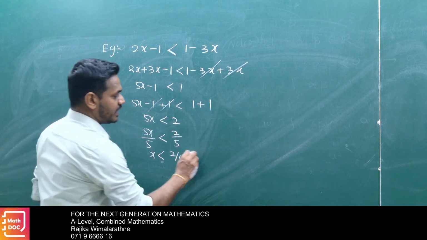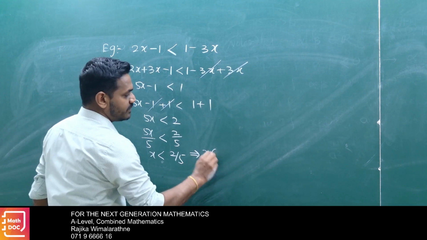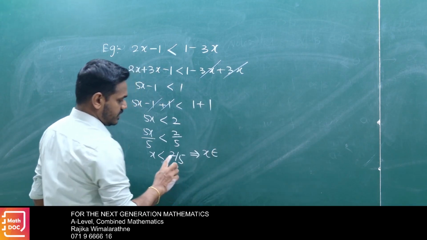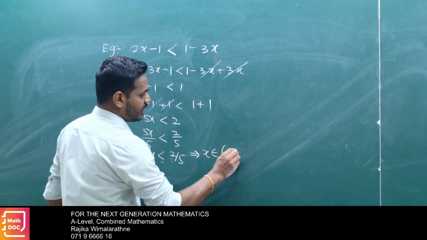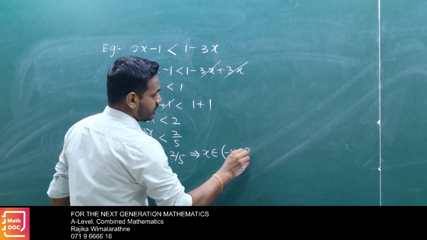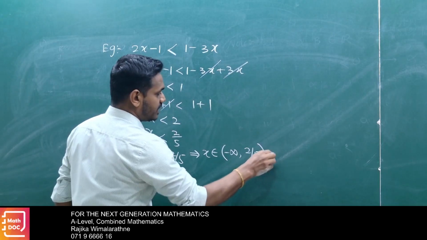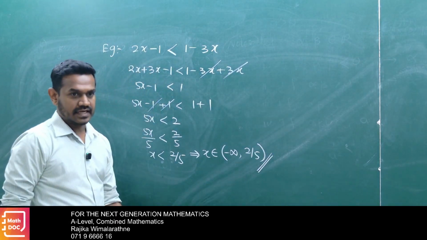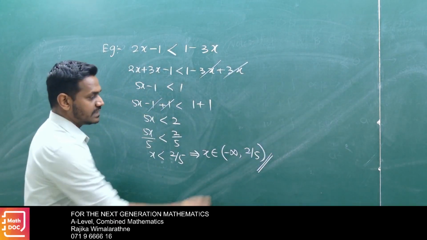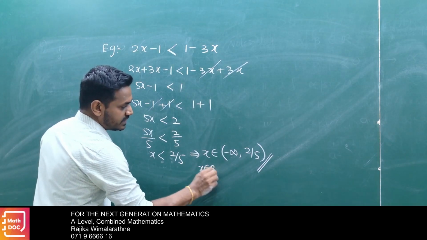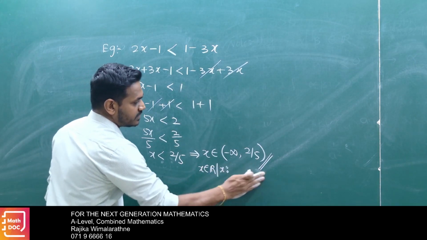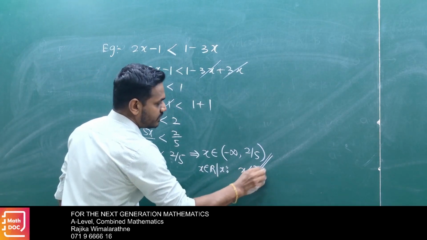But here, it is better to represent x element of here maximum value 2 over 5, then minimum value minus infinity. You had better write it as a set. Here there's another representation. x element of real set, x such that x less than 2 divided by 5.